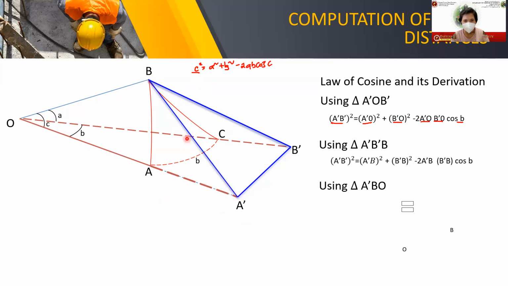A prime, B, and CO. So, we are looking at this triangle. By simply looking at this triangle, we can determine the value of angle C. Diba? Since this is a triangle AOB with another is one. So, meron tayong angle dito na angle C.